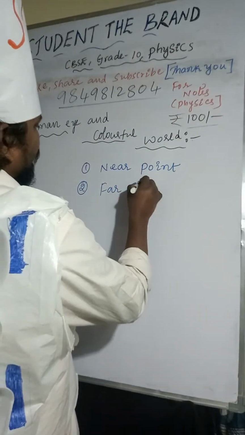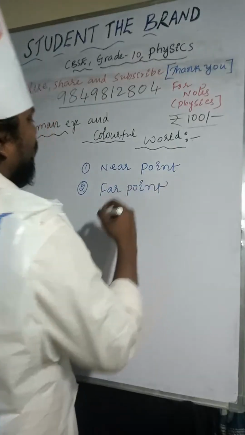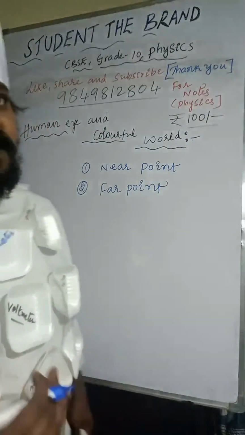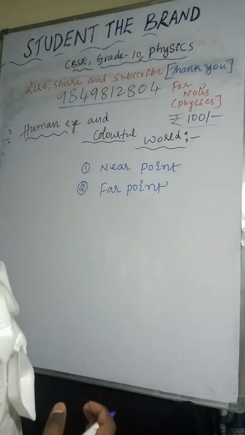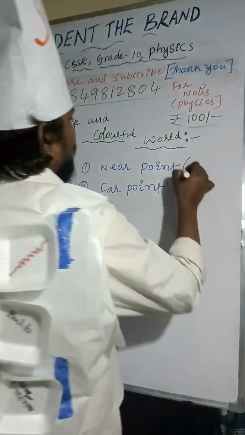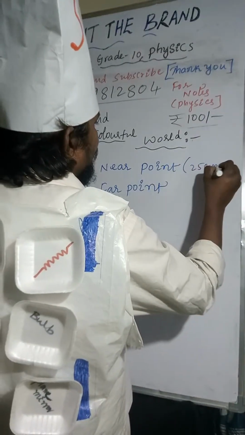Near point is nothing but the minimum distance up to which a person can see clearly without any strain or pain. That is called the near point. The near point is 25 centimeters.